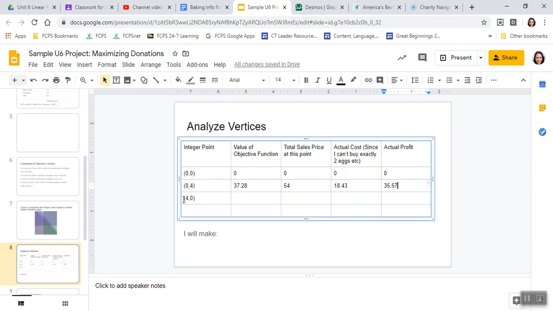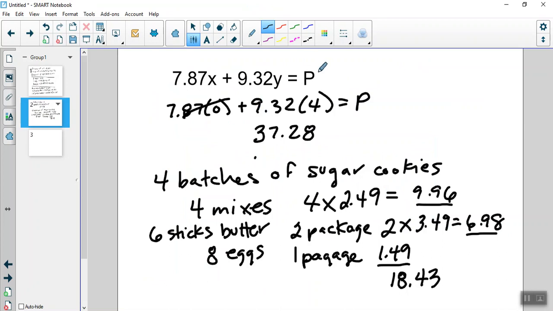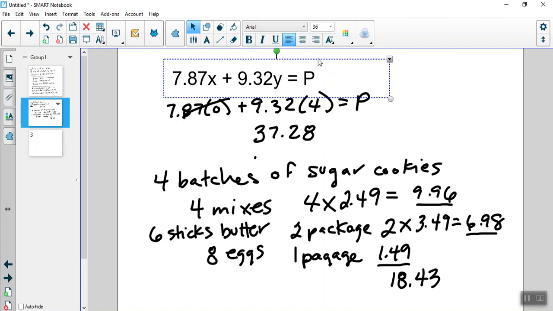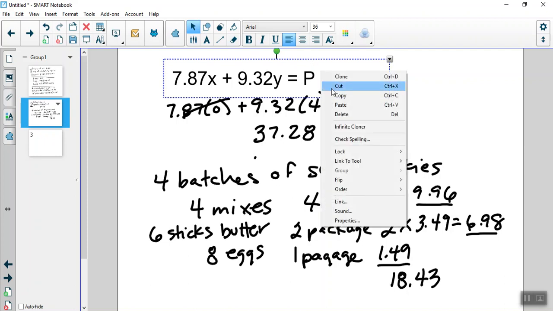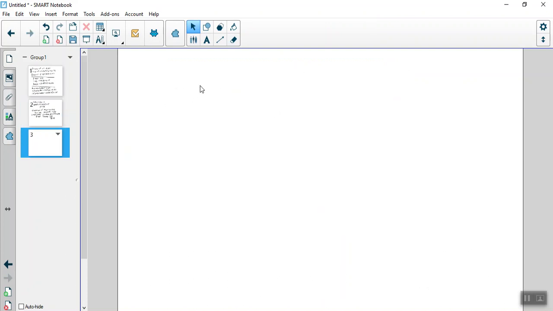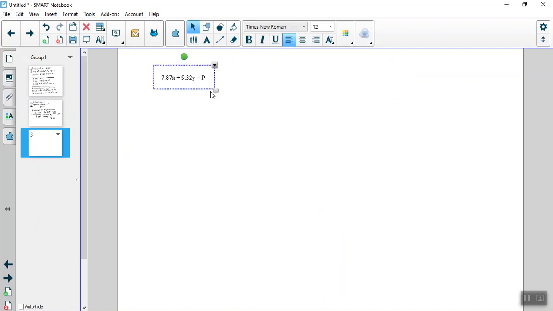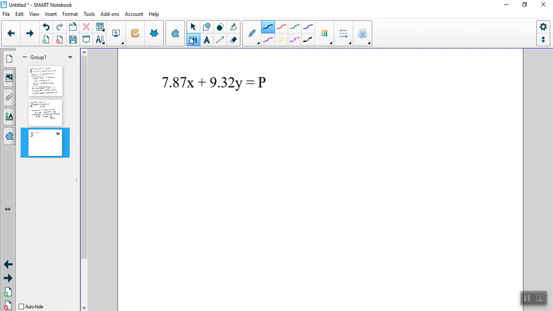Alright, the next one here, this is if I make 4 batches of corn muffins and if I make 0 sugar cookies. So I'm going to put this into my objective function. So remember, this was my objective function here. Okay, and then this time I'm going to make 4 corn muffins and 0 sugar cookies.